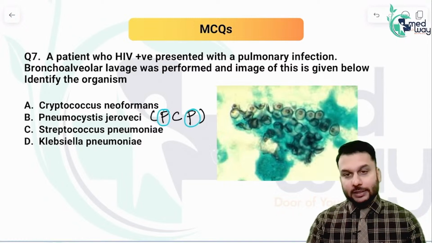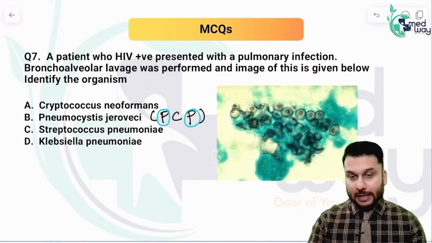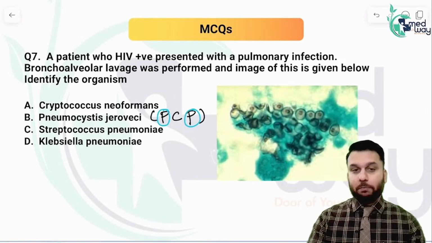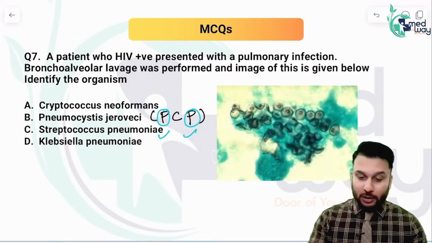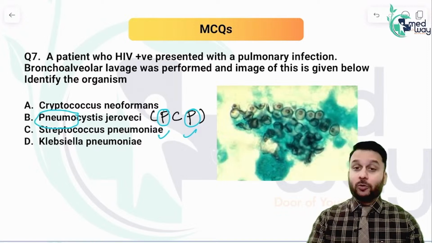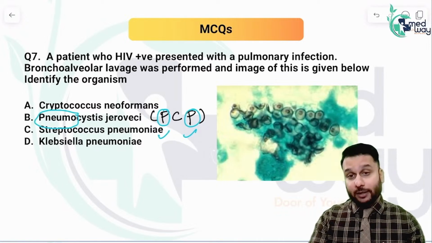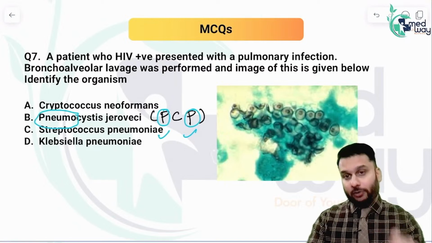This guy shows ping pong ball appearance. As a matter of fact, it's called crushed ping pong ball. So the PP, you have to remember for ping pong. This pneumo, you have to remember it causes pneumonia. And who does this cause pneumonia in? In HIV patients, especially when the CD4 count is around 200.